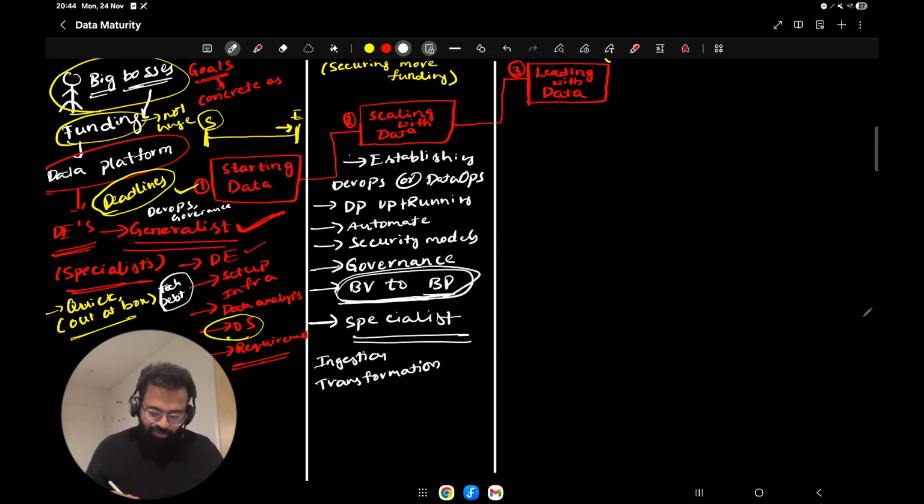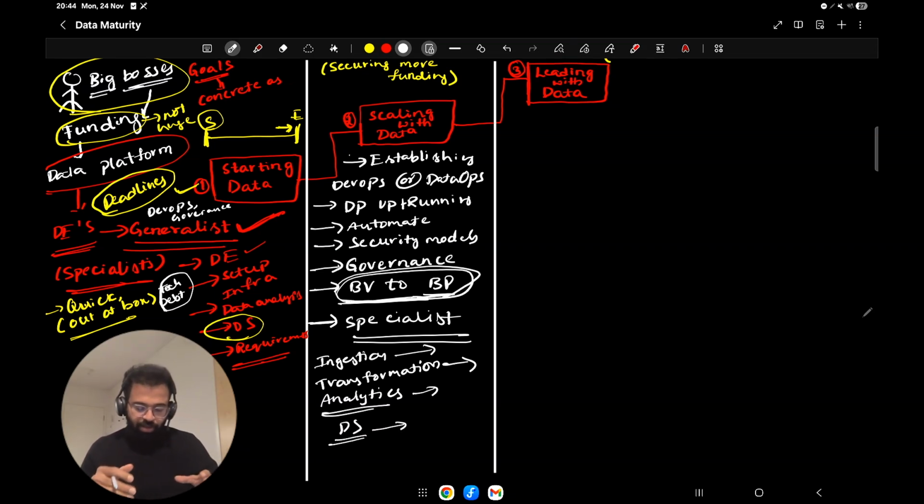You'll also start seeing analytics roles, and a little bit of data science roles as well, because you are in phase two, you already have data in the data platform, it's up and running, and you have some kind of security model, automation and governance in place. You are providing more value to the business people.